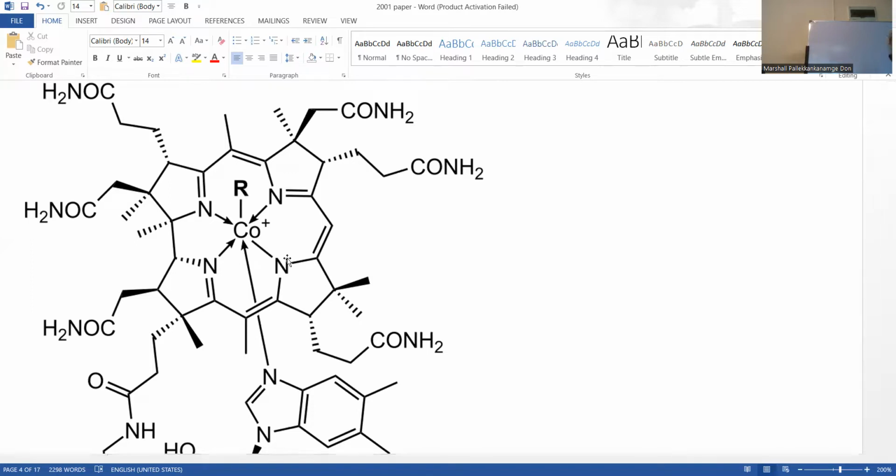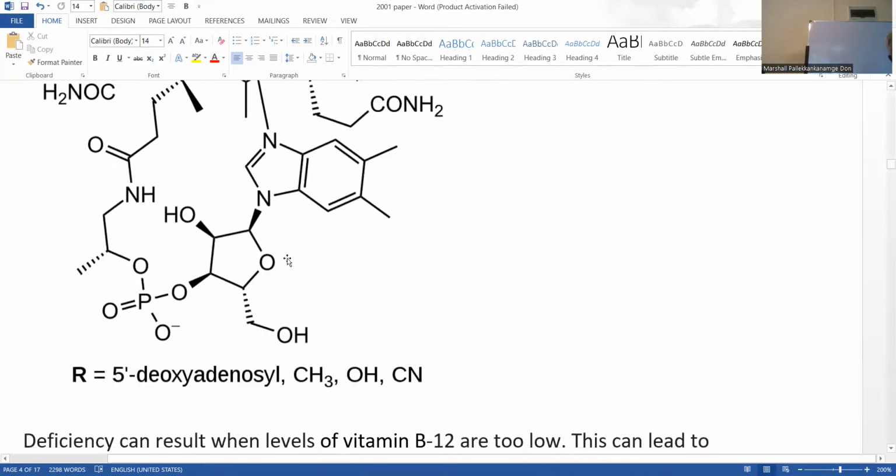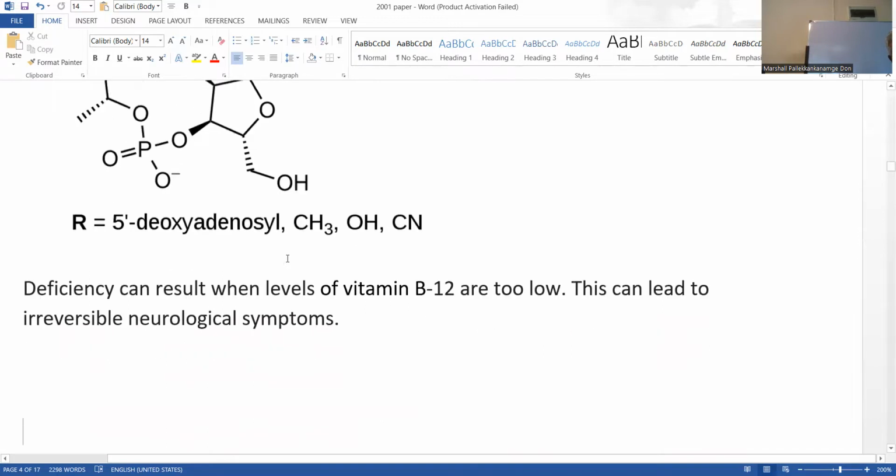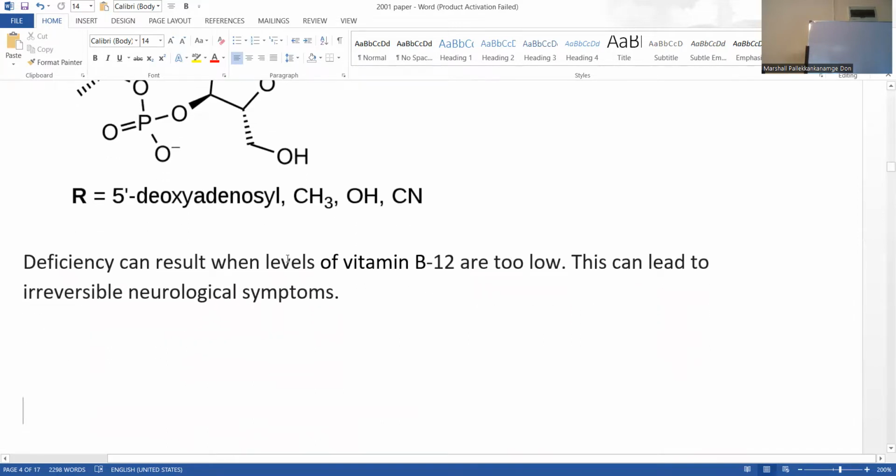It is a complex molecule, and it contains cobalt. That is the important part. Vitamin B12 is also called cyanocobalamin. Vitamin B12 and folic acid deficiency also give similar neurological symptoms.